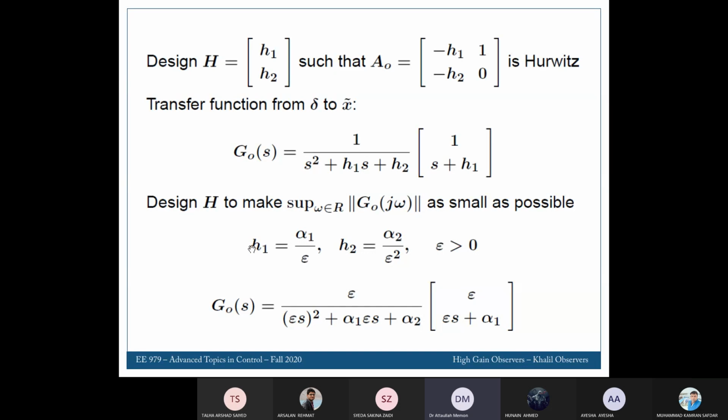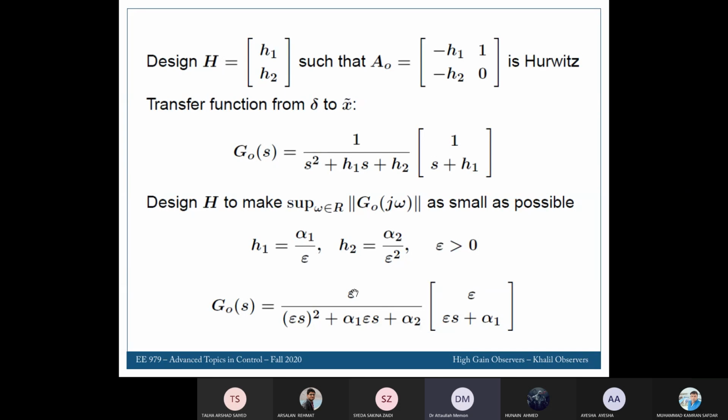If I choose h1 this way, h2 this way, and I substitute h1 here and h2 here, and then do some substitution and some manipulation, I will end up with the same equation written down in this manner.